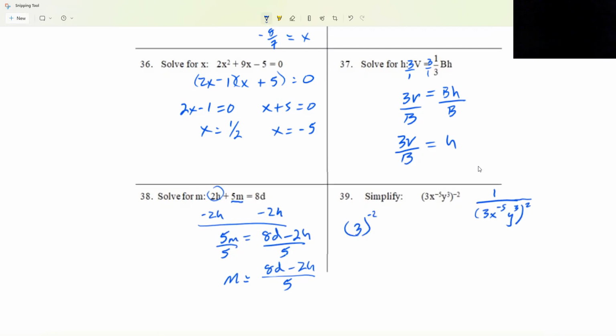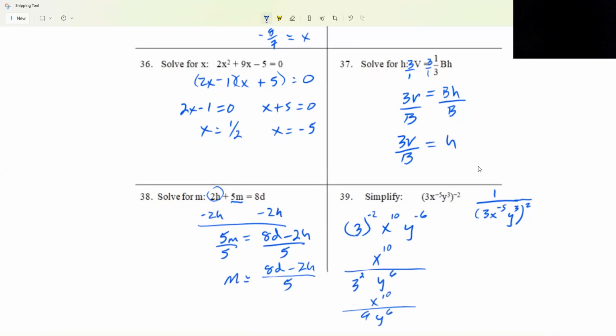Negative 5 times negative 2 is positive 10, and 3 times negative 2 is going to be negative 6. I'll get rid of the negative exponents. So that's going to be 3, make that positive, and then make this positive. So you're going to end up with x to the 10th over 9y to the 6th.